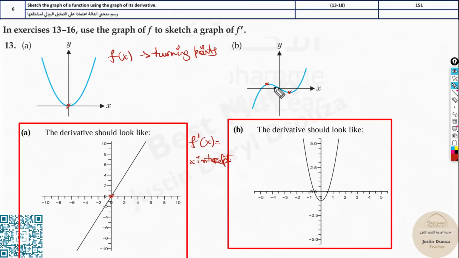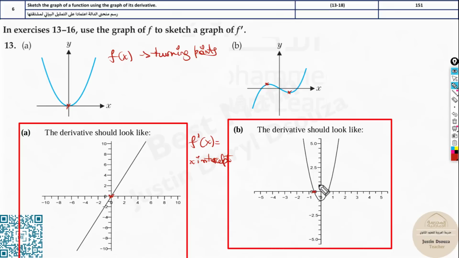Now here somewhere, let's assume this to be, I don't know the exact value, 0.5. See, it's about 0.5. They have not given the value, but it's still a little less than the y-axis. Here you can see this is touching the x-axis. Yeah, even over here it's touching the x-axis. Why? Because those are the turning points. Turning points in f of x become intercepts in f dash.